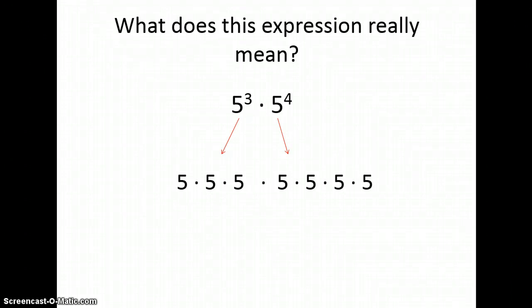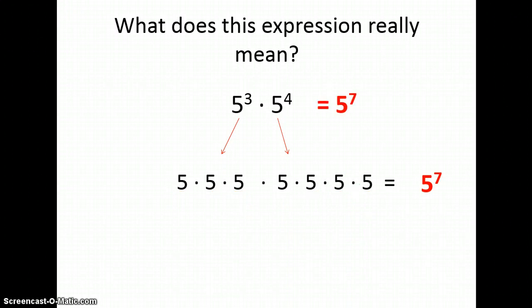I can look at this big long expression of 5s and turn that into an exponent. So 5 to the third power times 5 to the fourth power, I'm multiplying a bunch of 5s, so I've got 1, 2, 3, 4, 5, 6, 7 5s, so that would equal 5 to the seventh power.